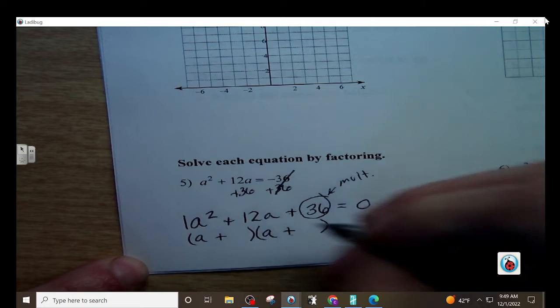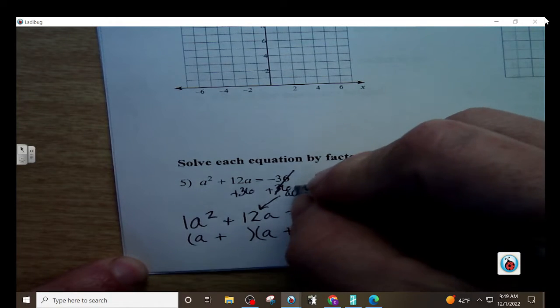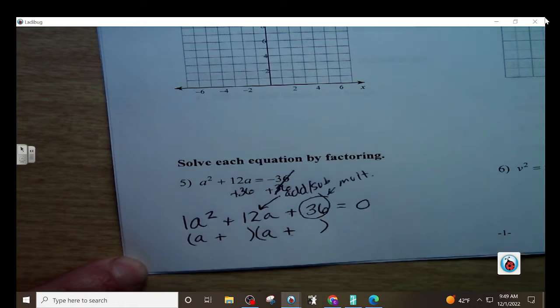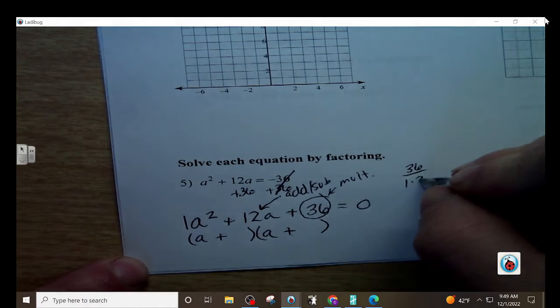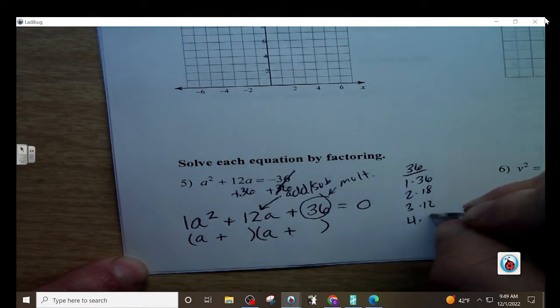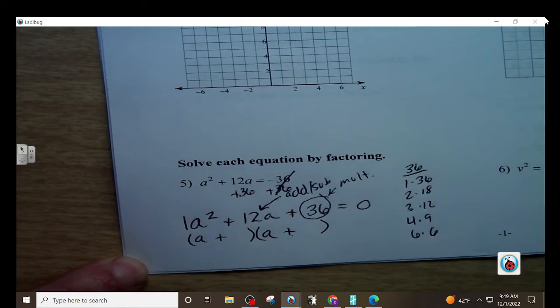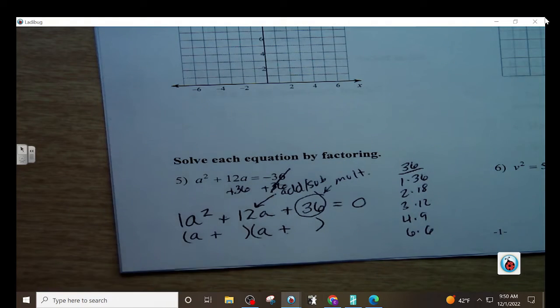Then they've got to do what to give me this number? Add, right? So now, thinking about 36, just finding some factors here. Well, if you do 4 and 9, 4 plus 9 is what? 13, so that's not my middle number, so it's 6 and 6.